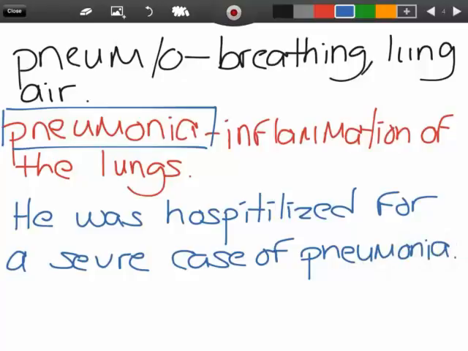I'm going to go ahead and read that to you. He was hospitalized for a severe case of pneumonia.